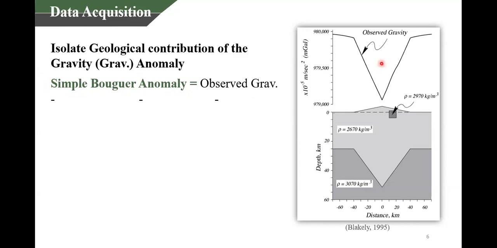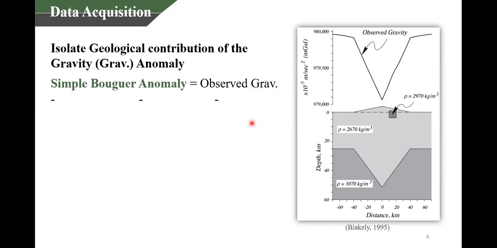As you can see at the right side of the slide, here is a model of a cross-section of the Earth, and on top of it is the gravity anomaly that will be measured over it. And we are going to see how, after applying these corrections, this anomaly shape changes.